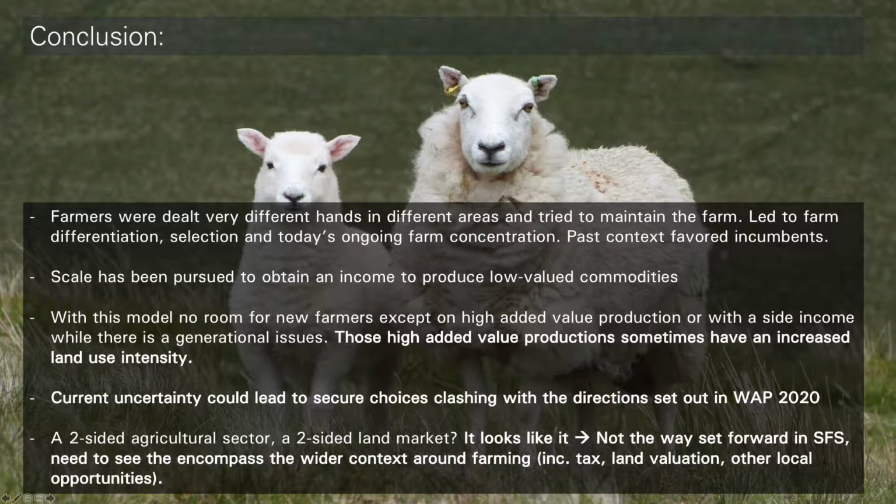Finally, while I've been talking a lot about a two-sided land market, I think the SFS might fall short of its ambition because the wider context needs to be understood and encompassed into the policy discussion, to be sure that all the elements are taken into consideration.